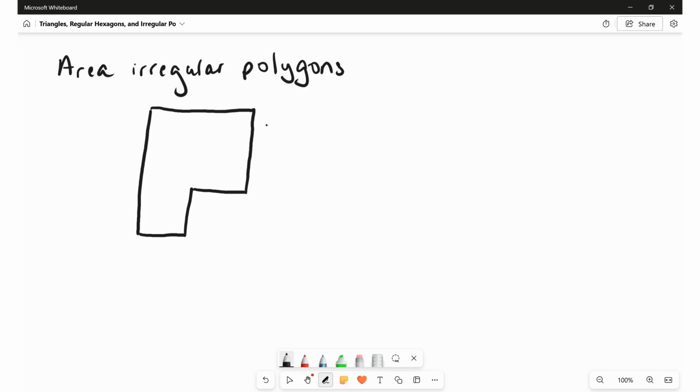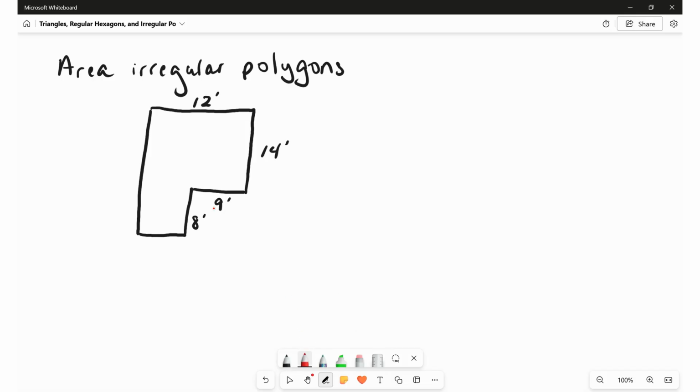And we are told that this is 12 feet. This is 14 feet. This is 9 feet. And this is 8 feet. Well, we can take this and kind of split it up really however we want to.